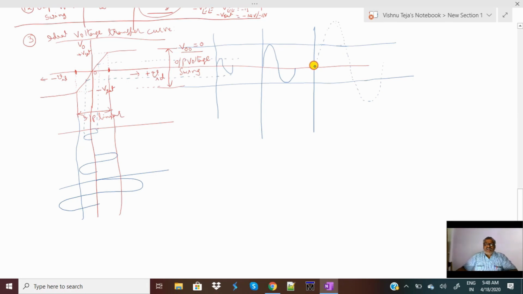So the output we actually get is up to this portion, then it is truncated because of the saturation, and we get this portion of the input signal amplified, and again here it is truncated, so only this portion of the input we get. If you compare the input and output, these peaks are not amplified. So there will be some distortion.